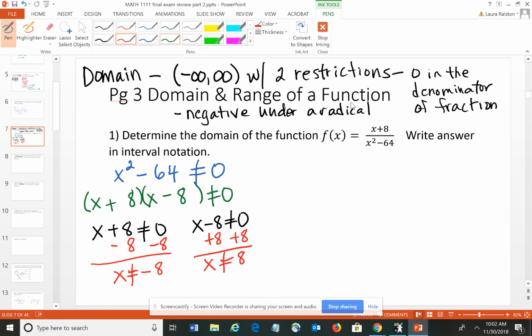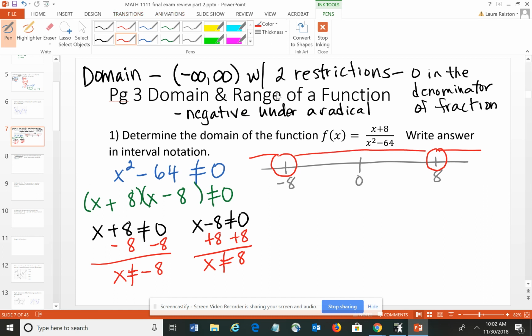So we think about that in terms of a number line. Basically what we're saying is that on our number line, we can use any number that we can think of with the exception of negative 8 and positive 8. So it's like there's a big old hole at negative 8 and a big hole at positive 8. But I can use anything on either side of those numbers or in between.